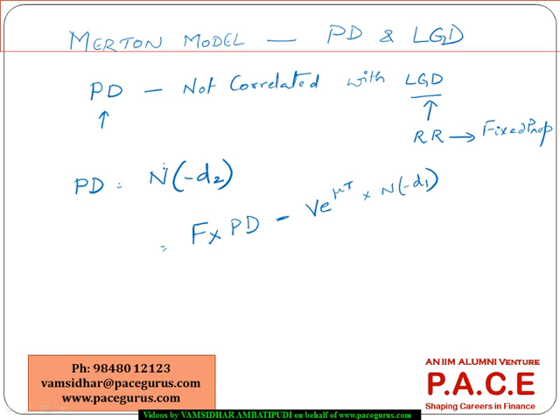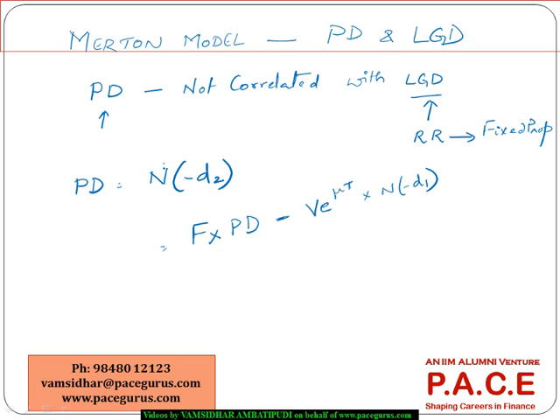But of course, here we require the volatility of the firm as well as the value of the firm. Though in real practice they are difficult to arrive at, we definitely require these numbers to finally arrive at the value of the credit risk, which can be computed using the probability of default as well as the loss given default, right?